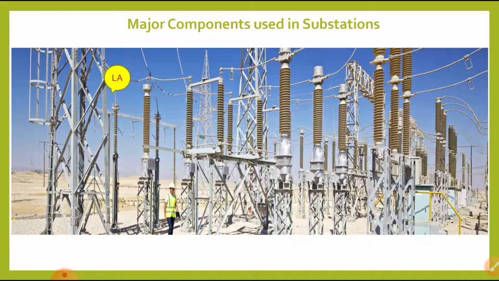After that, you can see the CVT, the capacitor voltage transformer. This can be used as a potential transformer. It will measure the voltage. At the same time, it can be used for carrier communication also. Here you can see a wave trap also. Wave traps are provided for carrier communication. That means station to station communication is possible through these higher frequencies, greater than 50 Hz.